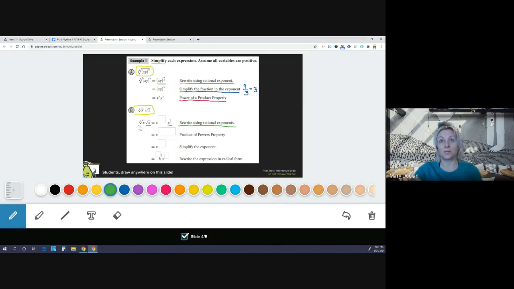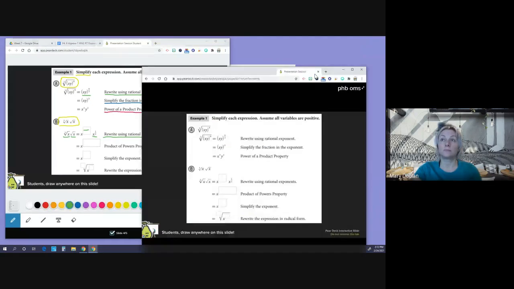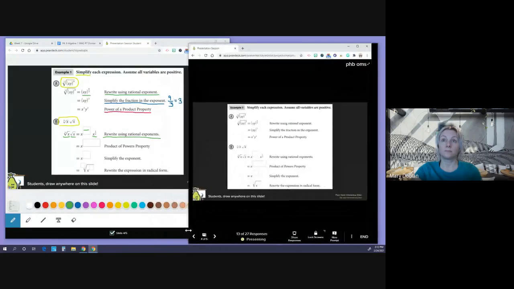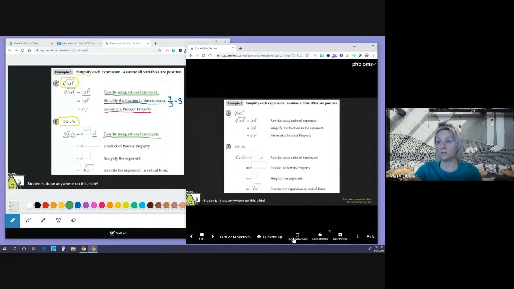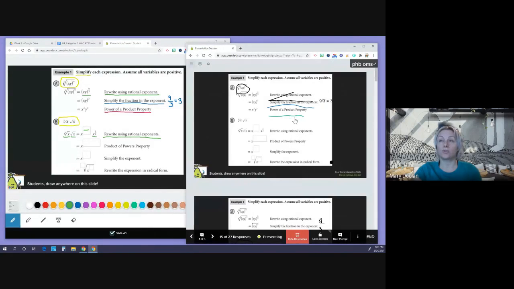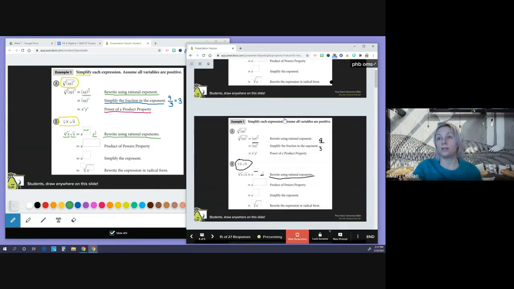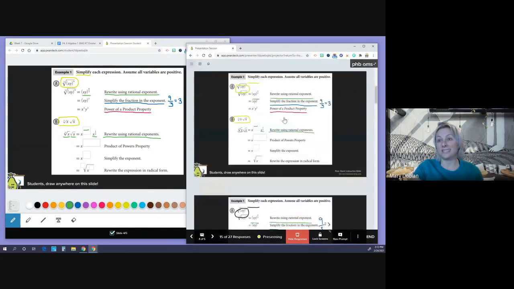So what would this one be? The 5th root of x becomes x to the, there's a fraction in this box. What's my fraction going to be? Let's see if anyone has the fraction figured out yet. How do I rewrite the 5th root of x?